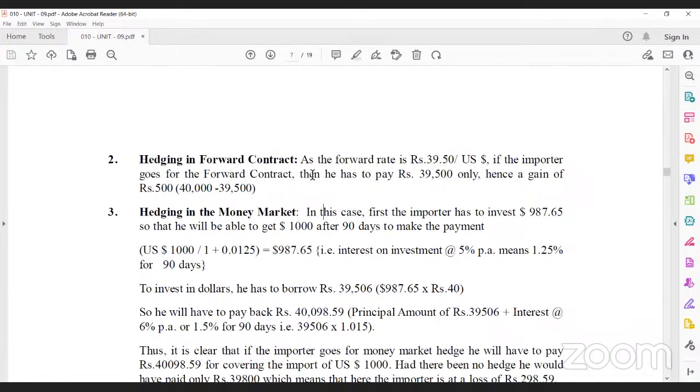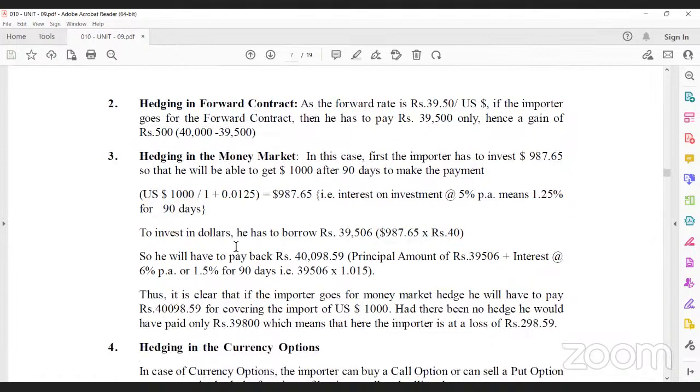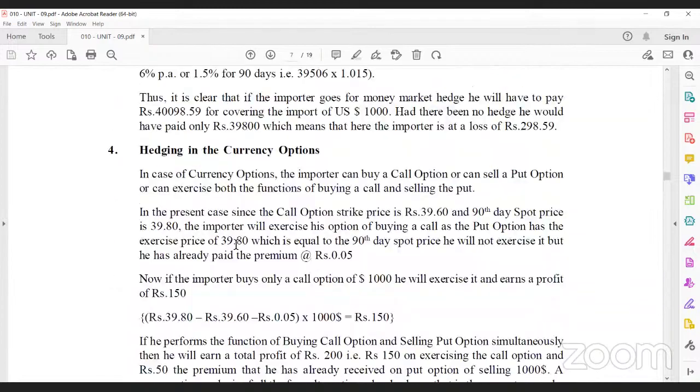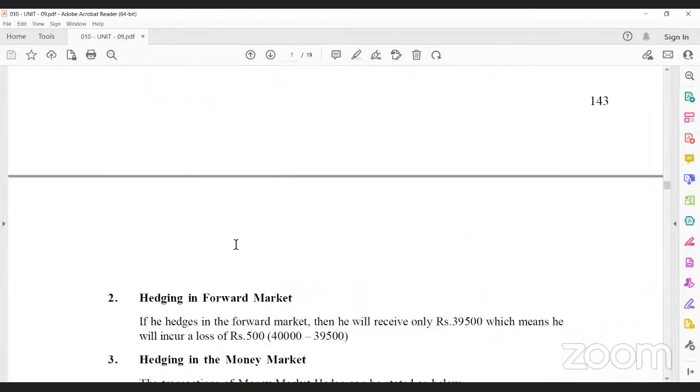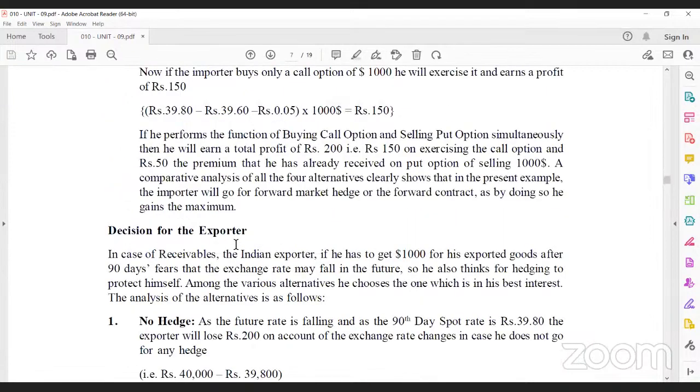See, in forward, he is getting 500 rupees as gain. In no other type is he getting the maximum. Hence, the importer can go for forward market hedging.